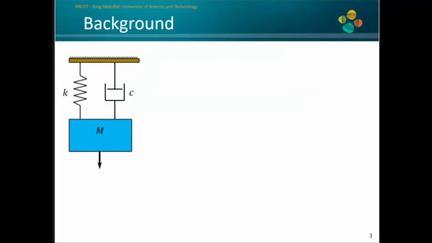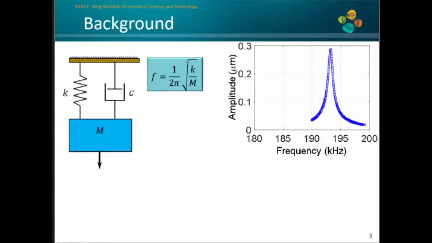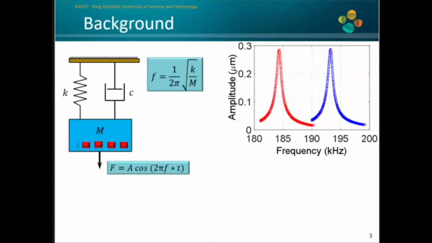As a background slide, any mechanical resonator can be modeled as a spring mass system, where the resonance frequency is square root of K over M. Once the excitation frequency matches the mechanical resonance frequency, you will get a resonance peak. Once mass starts to get adsorbed on the resonator surface, the total mass of the system will increase, and hence you will get a frequency shift.